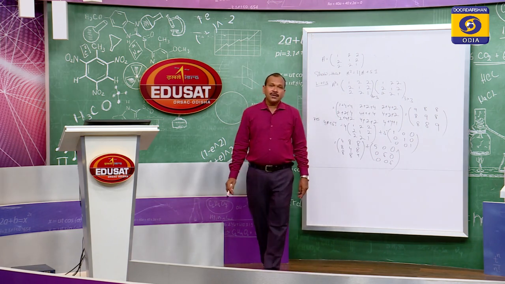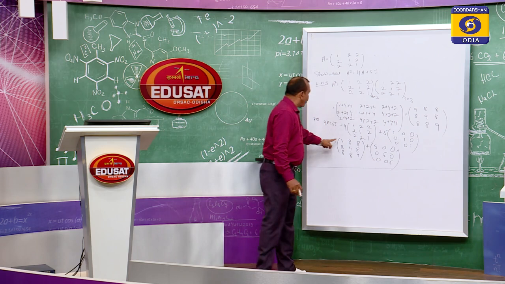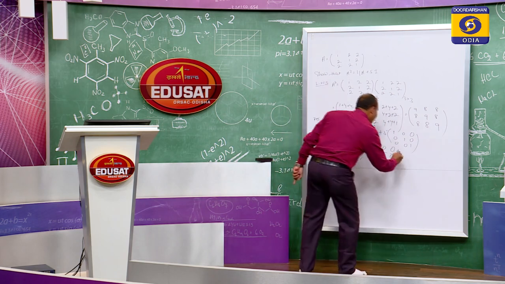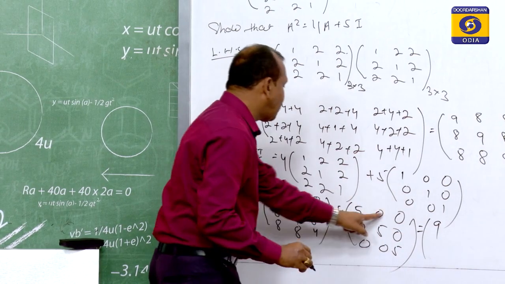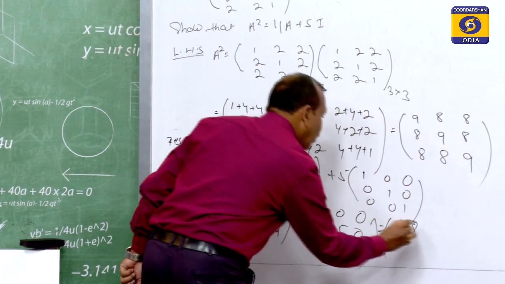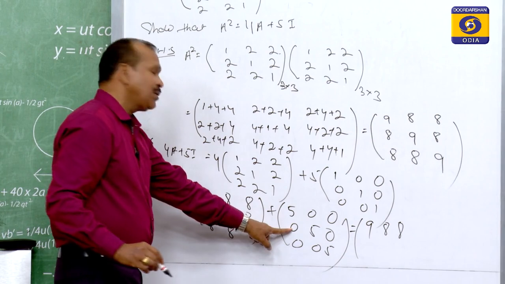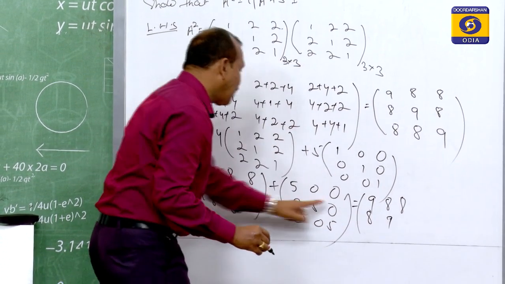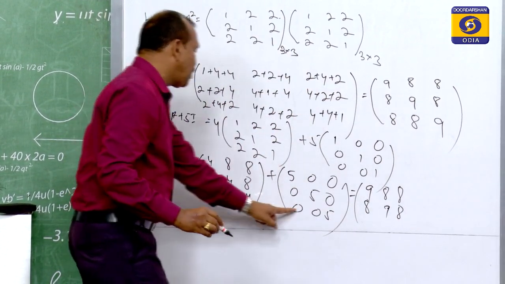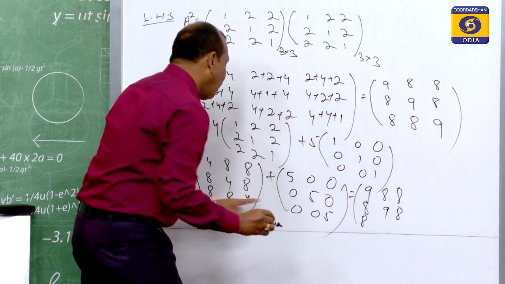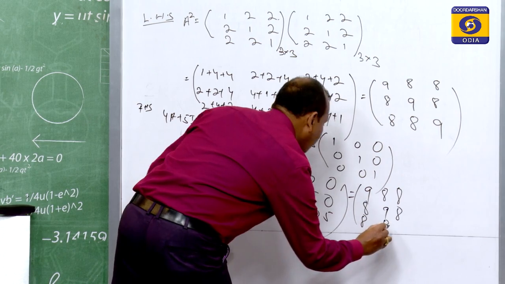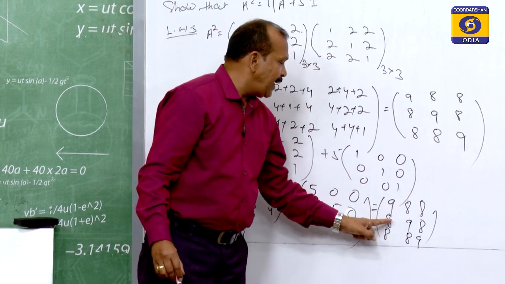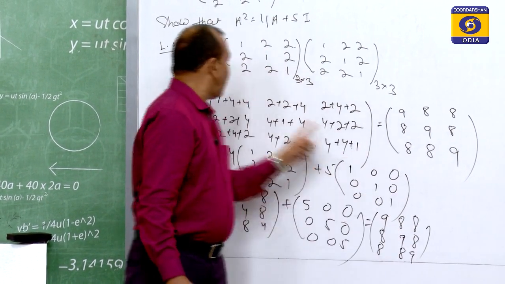Hence, matrix addition is performed and we add corresponding elements. 4 plus 5 is equal to 9, 8 plus 0 becomes 8, 8 plus 0 becomes 8, similarly 8 plus 0 becomes 8, 4 plus 5 is equal to 9, and so on. So 4A plus 5I is equal to 9 8 8, 8 9 8, 8 8 9.